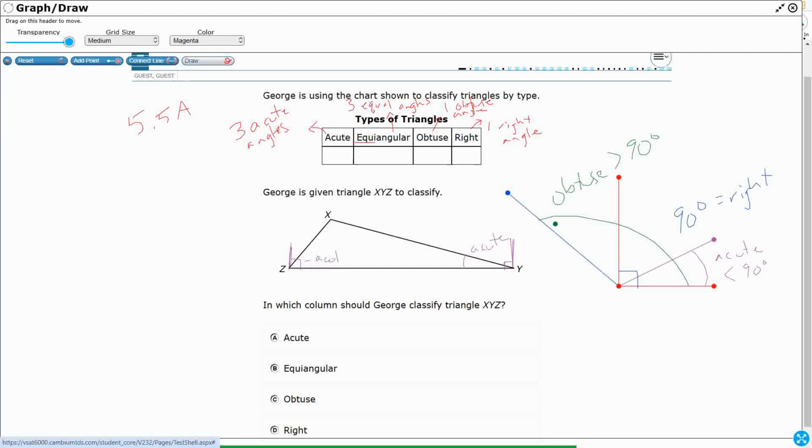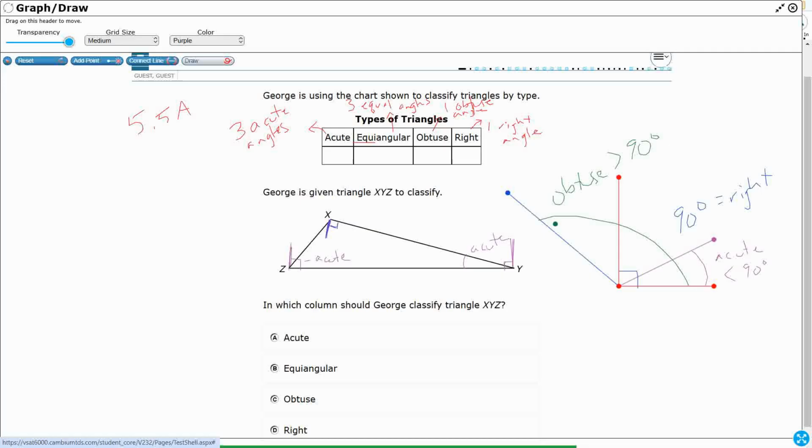So 2 out of your 3 are acute. Take a look at this X. Now this X is a little bit difficult because it's not necessarily horizontal, but if I were to draw a right angle from this X, I'm thinking it would be something like right here. Like that.